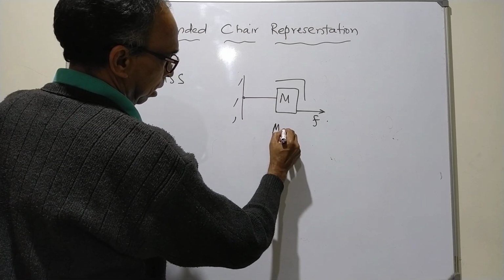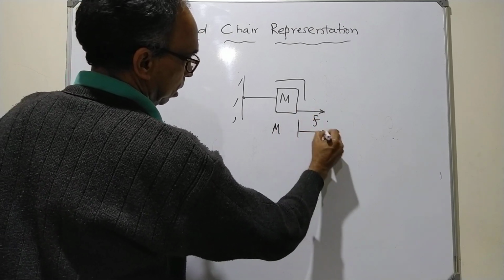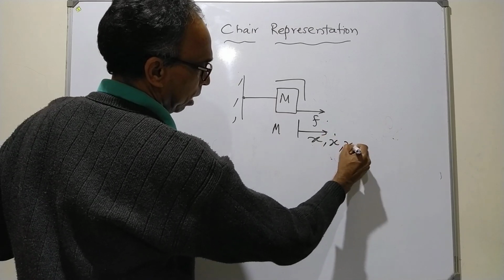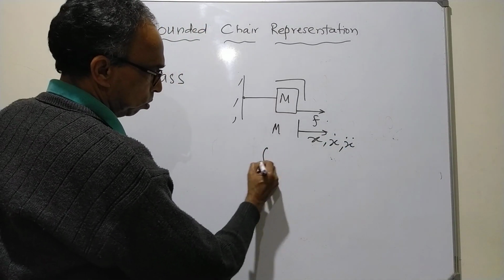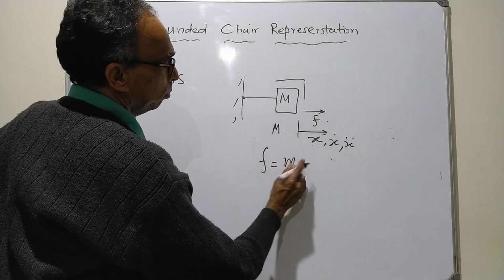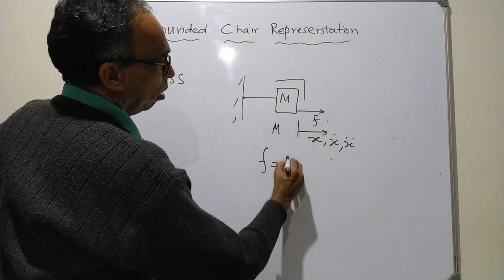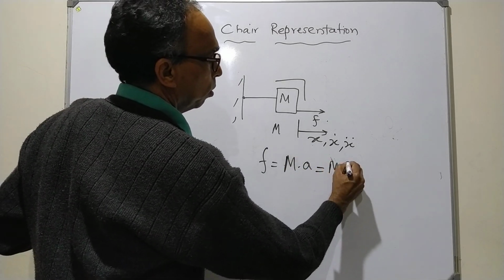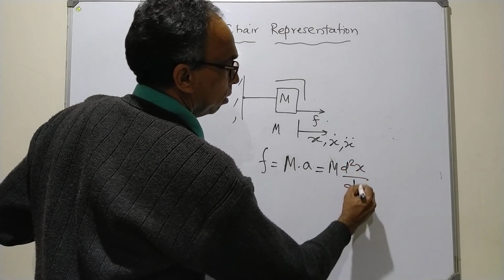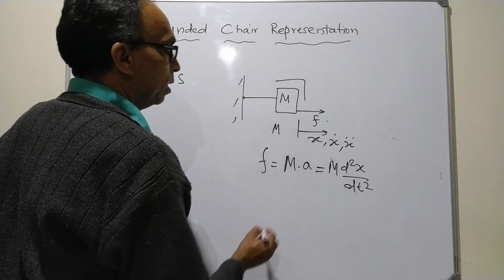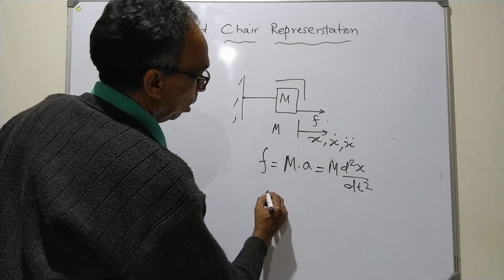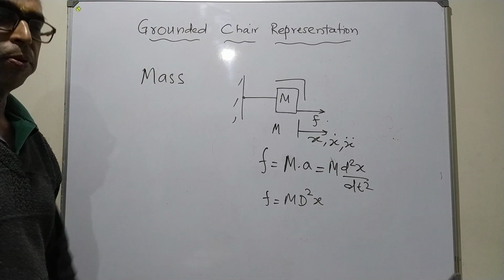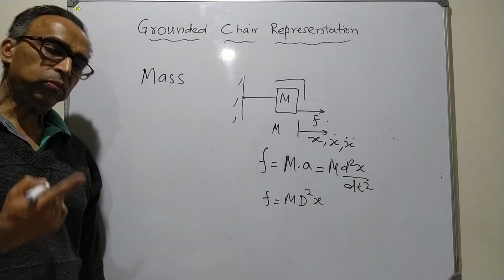Because of this it is subjected to motion X, and because of X I have X dot velocity and I have acceleration also. So this force was given as M into acceleration, that is M into d2x by dt squared, and d by dt is capital D. So F was equal to m D square x, where D square x corresponds to d2x by dt squared.